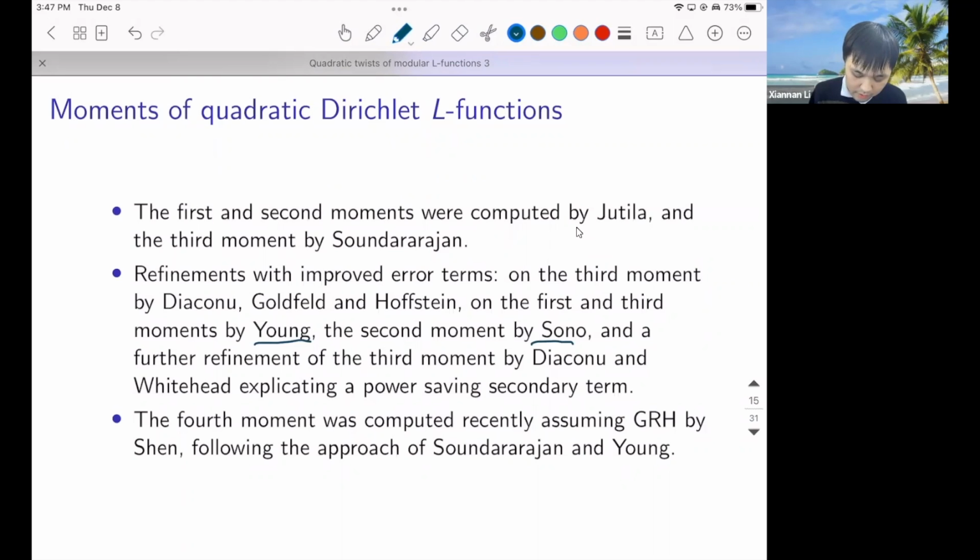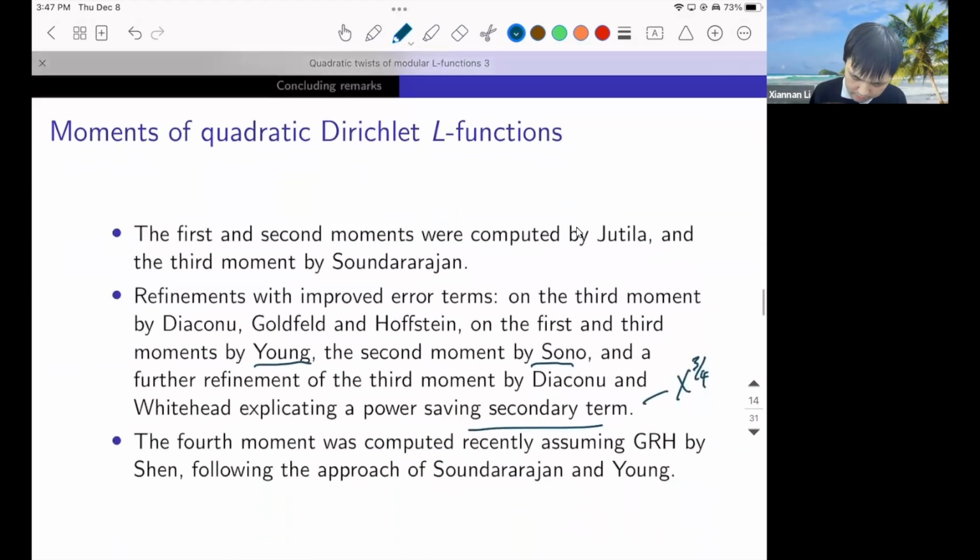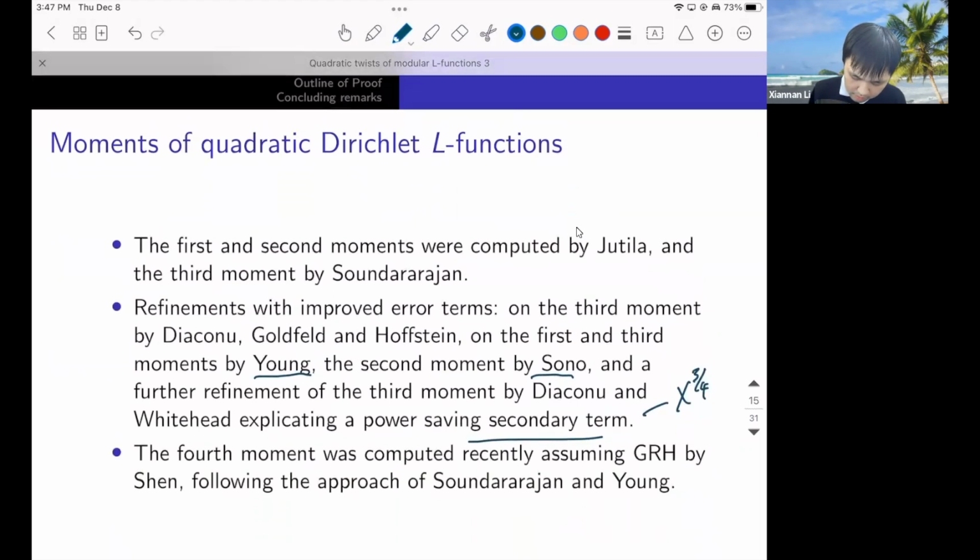And then there is an impressive refinement of the third moment by Diaconu and Whitehead. This is a recent result where they actually show that there is a secondary term of order x to the 3/4, thereby showing that this conjecture is maybe a little more accurate than the CFKRS one. The fourth moment was also computed, again assuming the generalized Riemann hypothesis, by Shen, who used the same approach as Sound and Matt Young.